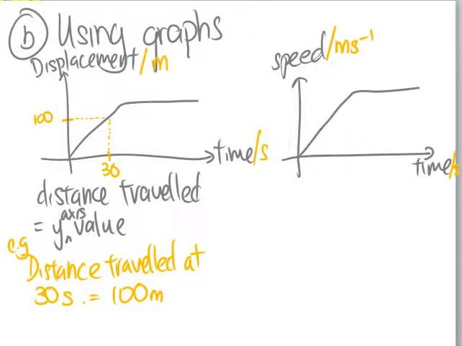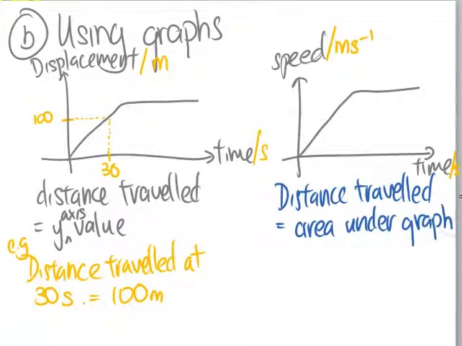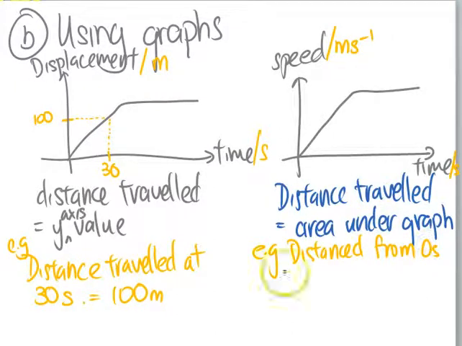To calculate distance traveled for this type of speed time graph, the distance traveled is equal to the area under the graph. For example, what's the distance traveled from 0 seconds to 30 seconds?